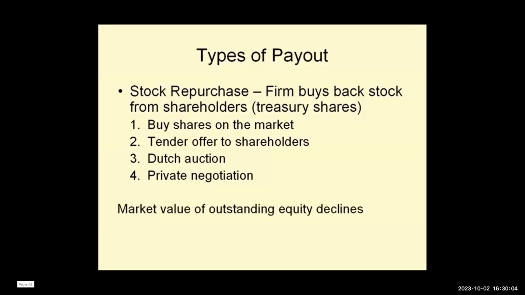In a stock repurchase, the market value of outstanding equity declines as shares of stock are taken out of the hands of its owners and put into the treasury. However, because of the increase in the demand for the firm's stock in the stock market, a stock repurchase can increase share price and thereby firm value.